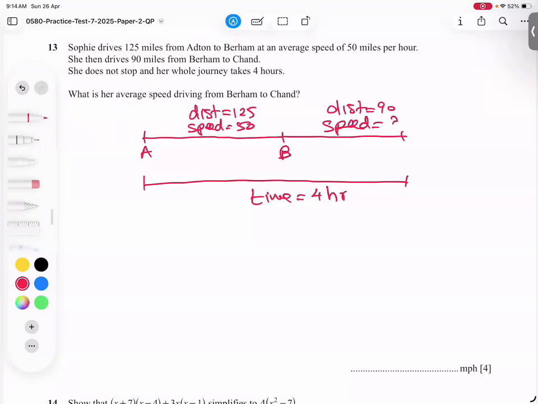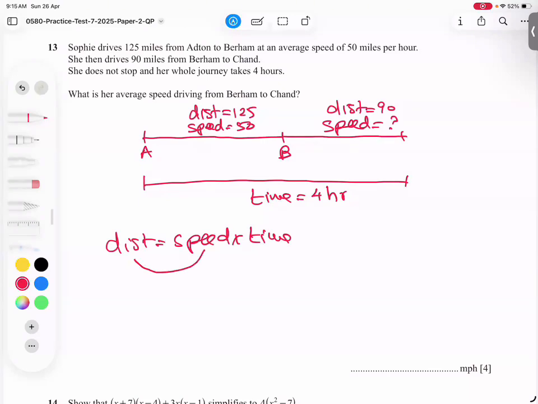Okay, we can do it, students. So first of all, we need a time. What is the formula for distance? Distance is equal to speed times time. So this speed will divide here and we get a time.